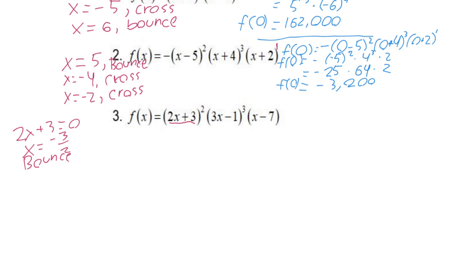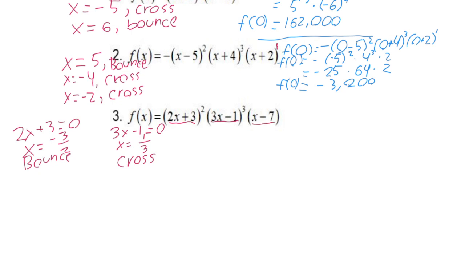Then we have 3x minus 1. Well, if 3x minus 1 equals 0, then we add 1 to both sides, divide by 3. X is equal to 1/3. We have here a 3. That 3 means that we have an odd exponent, so this is going to cross over.